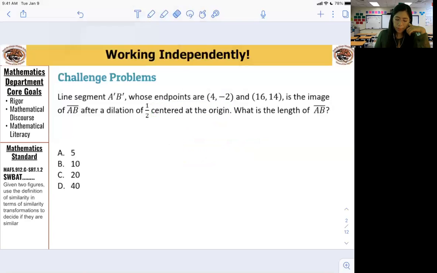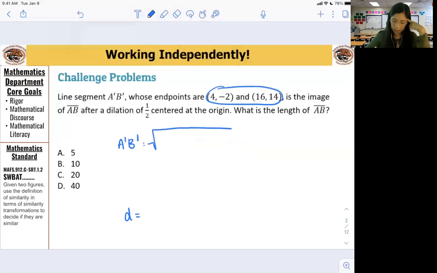So we can use the distance formula, right? So let's go ahead and find the distance of A prime, B prime. Here are my 2 points. And let's just quick review what the distance formula is. So actually, let me just write it out over here. Can anyone quickly let me know what is the distance formula?